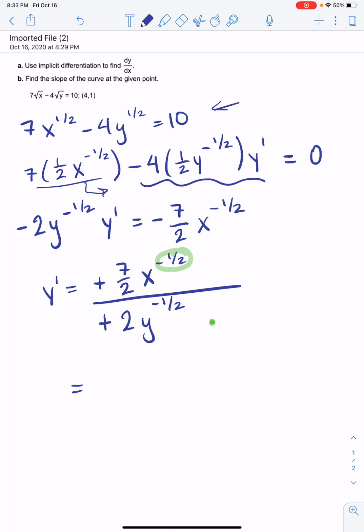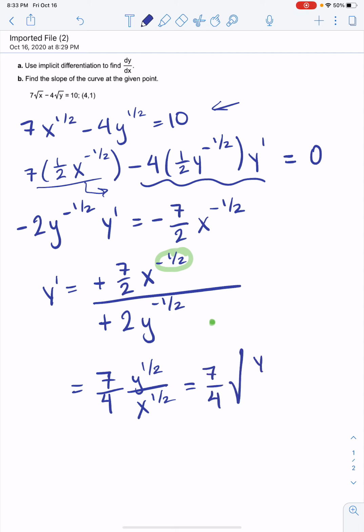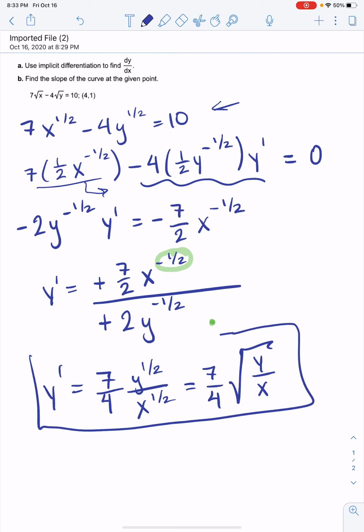Let's see. 7/2 divided by 2, that is 7/4. You could think of just moving the top two down. And then we have y to the 1/2 divided by x to the 1/2. Or we can simplify this even further. 7/4 square root y over x. And that is y prime. I think that's probably as simplified as we could get.